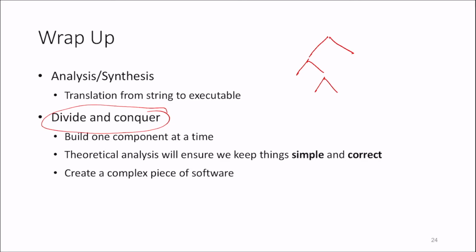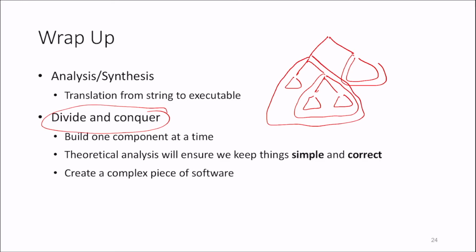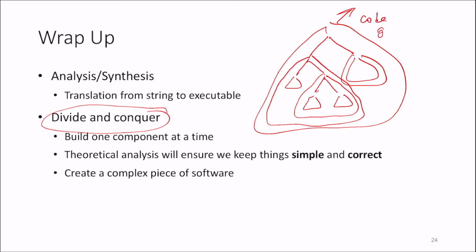The advantage is I can take what's underneath here and do code generation separately for each subtree, and then combine them together at a larger subtree. Similarly, I can combine these things recursively bottom up until I have analyzed the entire program. And at the top, what pops out is the code generation for the entire input source program.